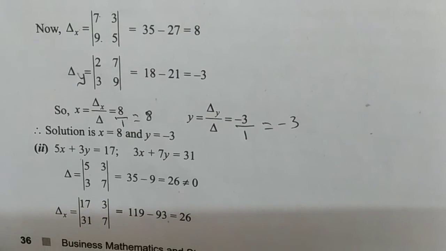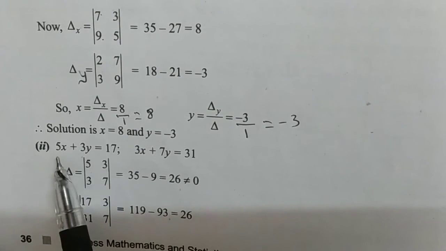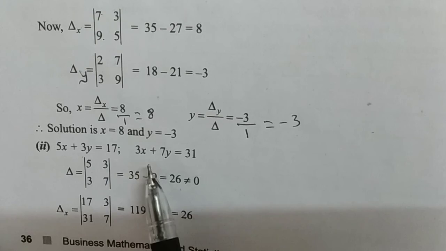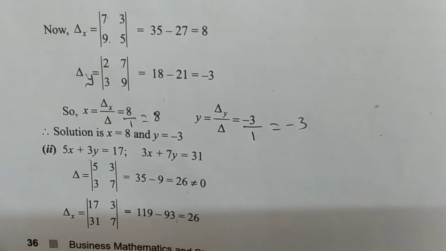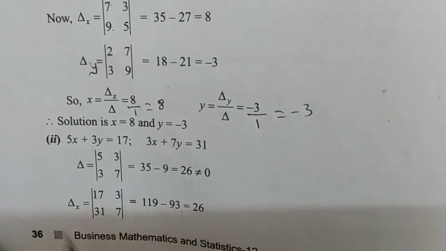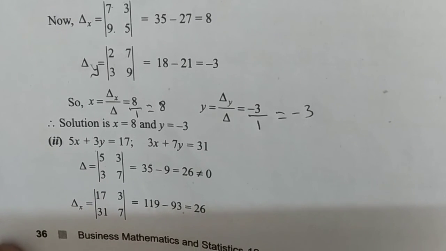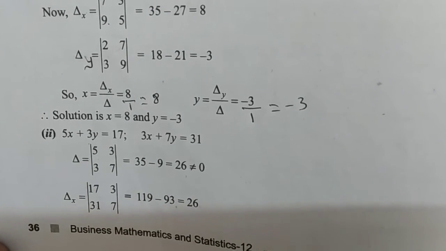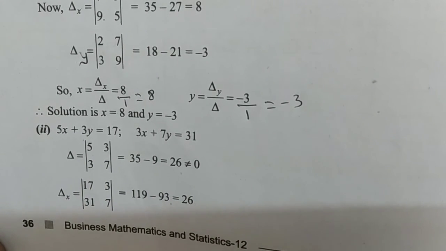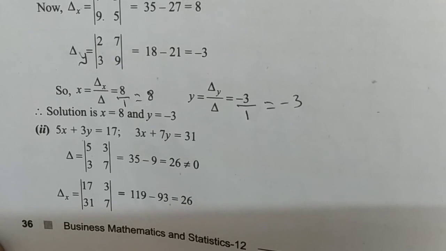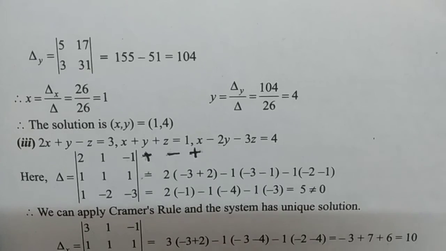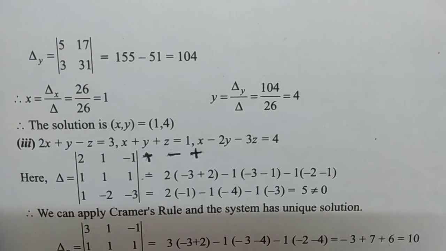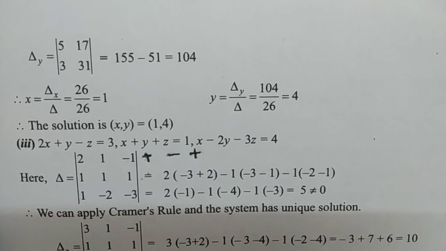Similarly, solve the second sum also. 5x plus 3y equal to 17, 3x plus 7y equal to 31. To find delta and delta x, here delta is 26, delta x is 26, and delta y we get as 104.